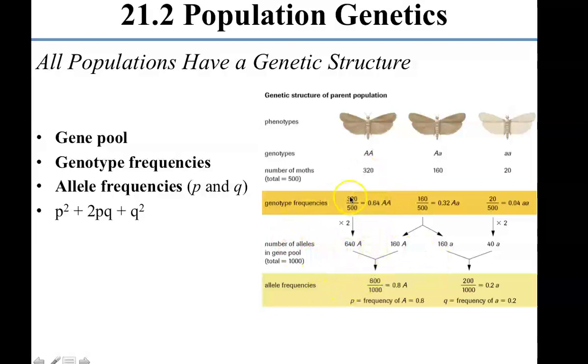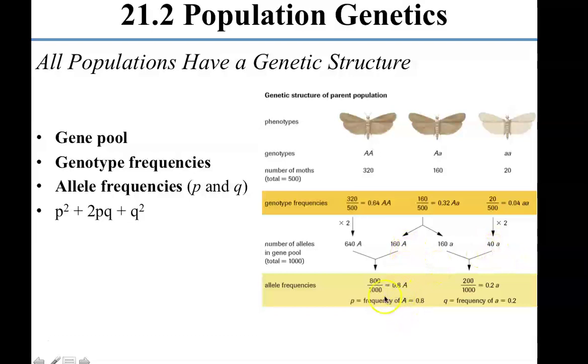Of the 320 individuals that are homozygous dominant, since each of them has 2 dominant A alleles, that means there are 640 dominant A alleles represented in the population. Of the heterozygotes, there's 160 of them, and so that means there's 160 of the dominant A's and 160 of the recessive a's. In the 20 individuals that are homozygous recessive, that means for each of these individuals there are 2 recessive alleles, so 40 recessive versions of the allele.